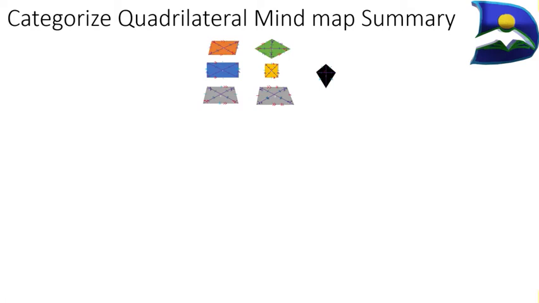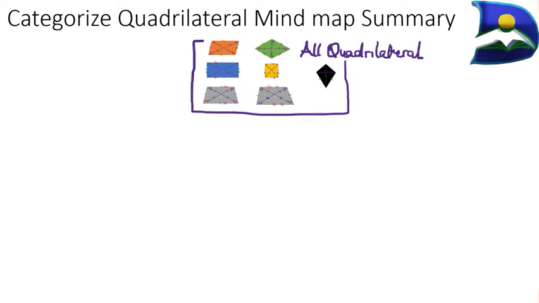So based on the conclusion here, we're going to create a mind map summary of what we gathered, not only based on the length but also the parallel lines and finally diagonal angle made. And we see here that all the shapes are quadrilaterals because they have 4 sides and 4 angles.